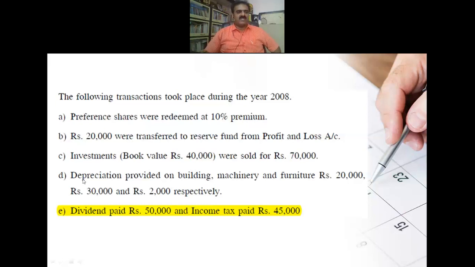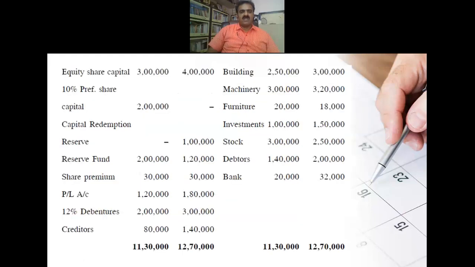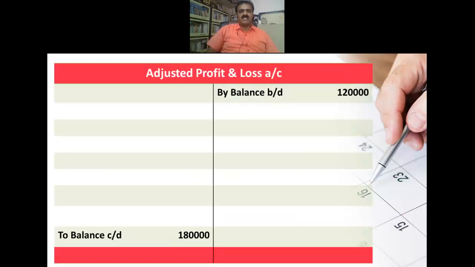So for adjustments 1, 2, 3, 4, we have prepared the respective ledger accounts, and for the last adjustment, the ledger account is not necessary because there is no item on the balance sheet. And come to the third step: you need to prepare the adjusted profit and loss account.